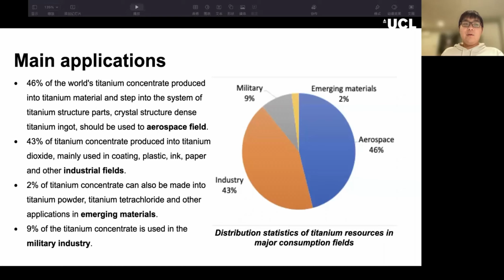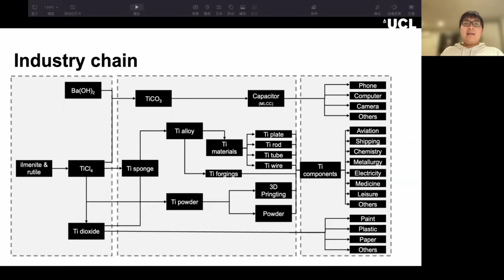Compared to these two fields, the rest is not as important. In the industry chain part, from the flow chart, the left part is the ingredient, and the right part is the application in the market. It is worth mentioning that titanium dioxide is playing an important role in the paint field.